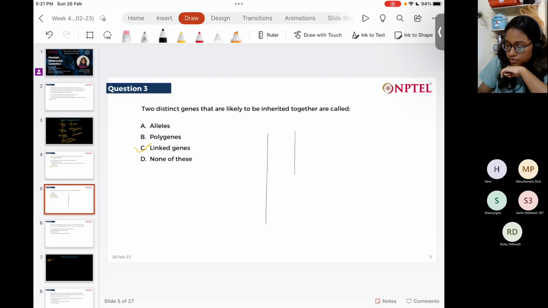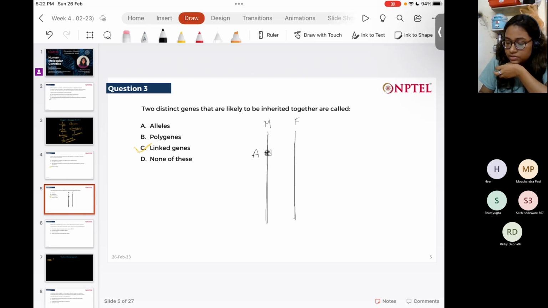So this is a homologous chromosome. These two chromosomes are similar, not identical. One chromosome comes from the mother, and another has come from the father. Alleles refer to a different version of a particular gene.